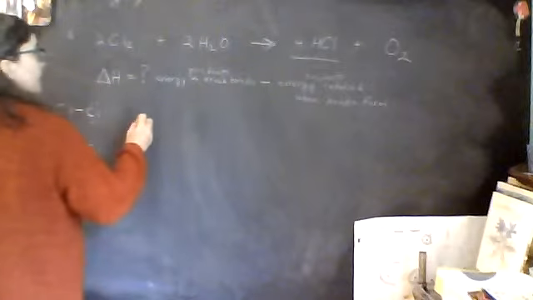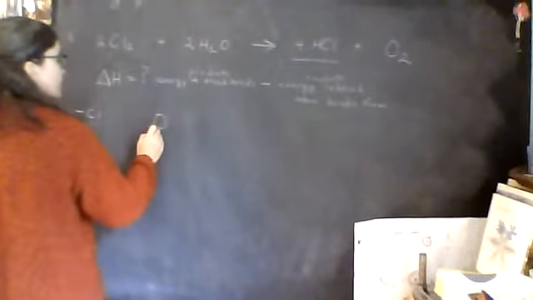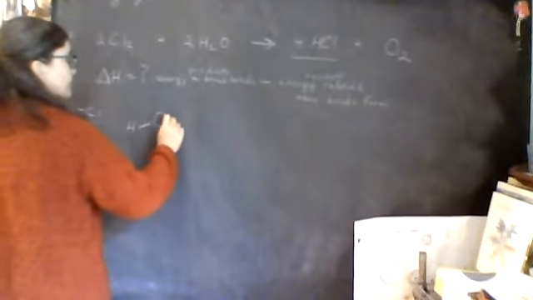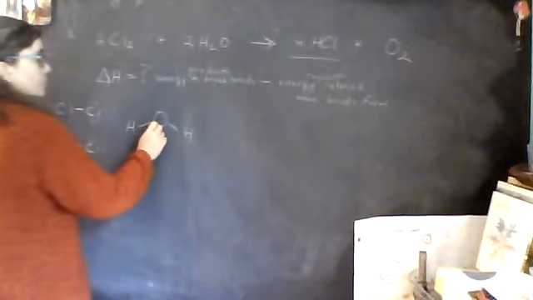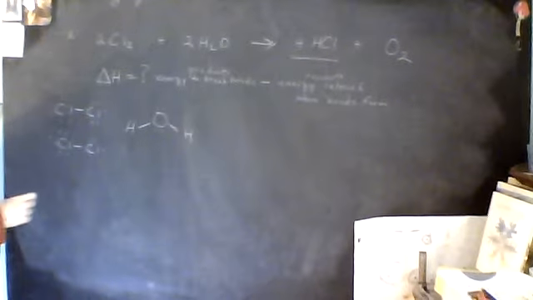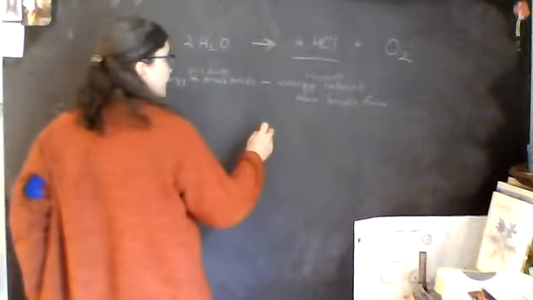What does the H2O look like? H is in group 1. O is in group 6. Okay, and how about HCl?